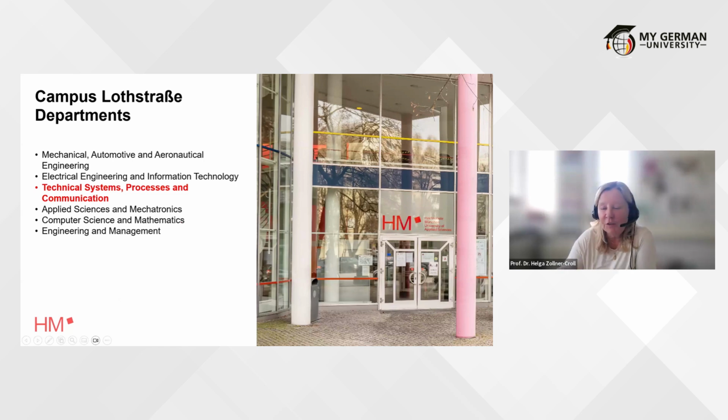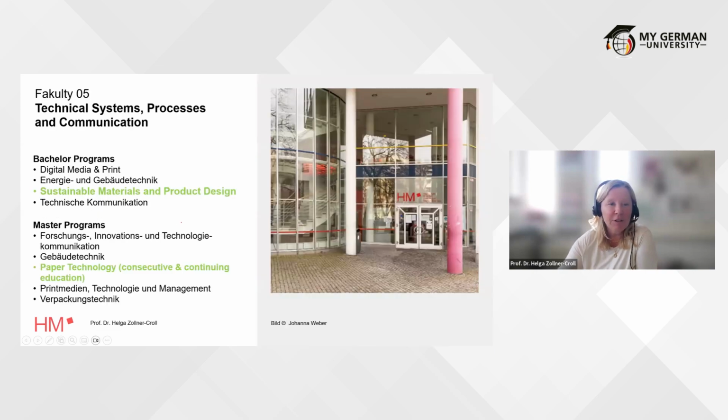Basically, this picture shows you our main entrance, and we are here in the faculty called Technical Systems, Processes, and Communications. Within this faculty, we have different bachelor programs as well as master programs. And our presentation today will focus on paper technology.